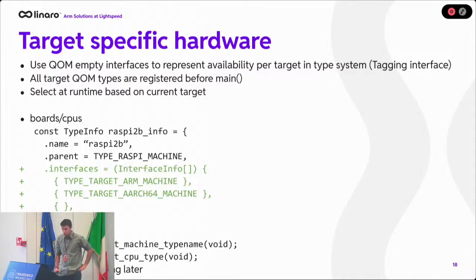In QEMU, before main, some things happen, and part of them is to register all the QOM types. It's just a big hash table, and you have static constructors that just add to this table. So in the end, we will have more types in the system, but it's definitely not something that should be measurable.